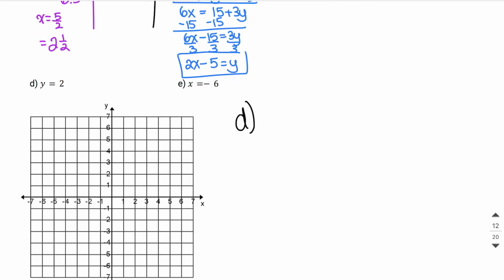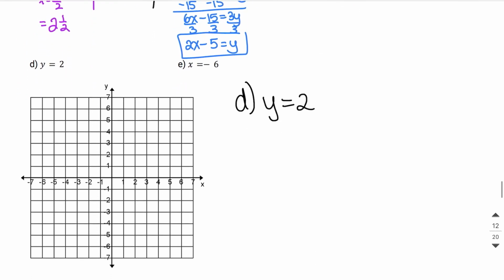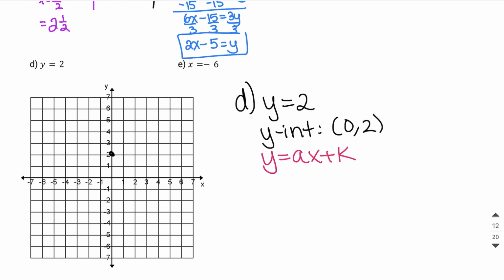Okay, so in question D, where it says y equals 2, I'm going to use a mix of both methods. We're going to find the y-intercept. So we know that our y-intercept is going to be (0, 2), because that always happens when x equals 0, but there is no x, so y will always be 2. But I'm also going to put this in slope-intercept form. So y equals ax plus k.